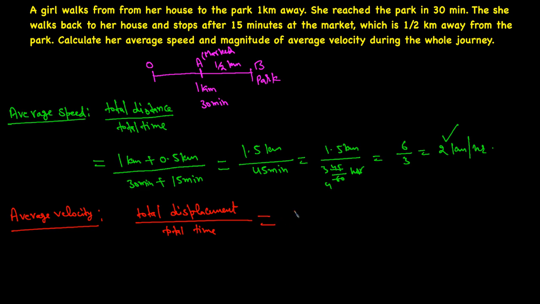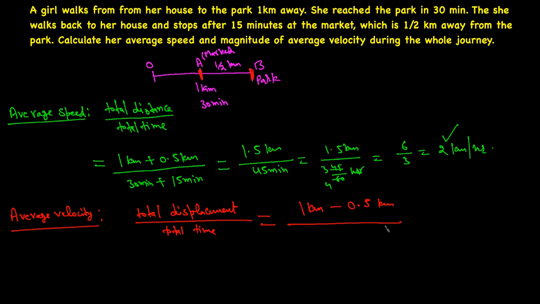Her total displacement is going to be, remember, the final position minus the initial position. So it's going to be 1 kilometer minus 0.5 kilometers. That's our final position here, and that was initial position.